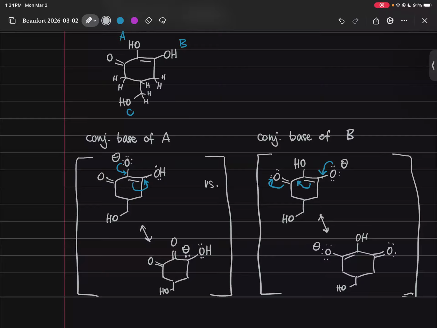In this case, these are actually identical. You just flip the thing around, excluding this OH, rotate.